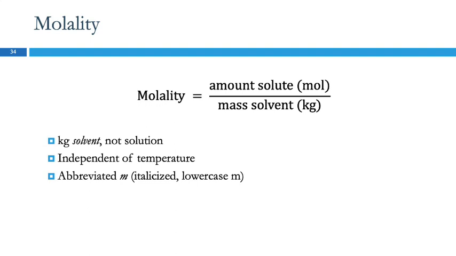And so the molality is typically very close to the same number as the molarity, but the molality does not change with temperature. Molality is abbreviated with a lowercase italicized m, which you don't want to confuse with the non-italicized lowercase m, which means meters.